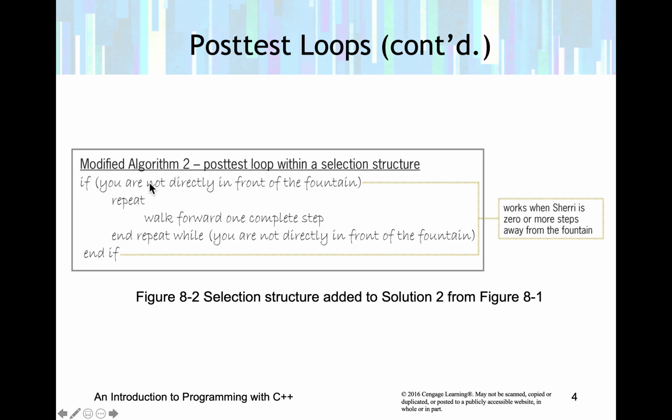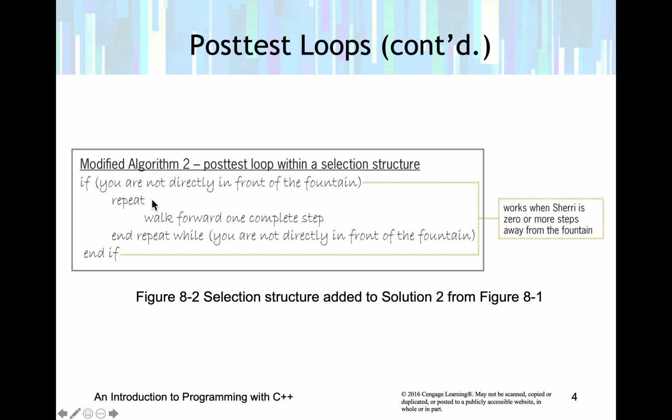So here is an example of a post-test loop. We say, if you're not directly in front of the fountain, repeat, walk forward one complete step. Repeat while you are not directly in front of the fountain. So if this condition here is true, then we're going to walk forward one time.